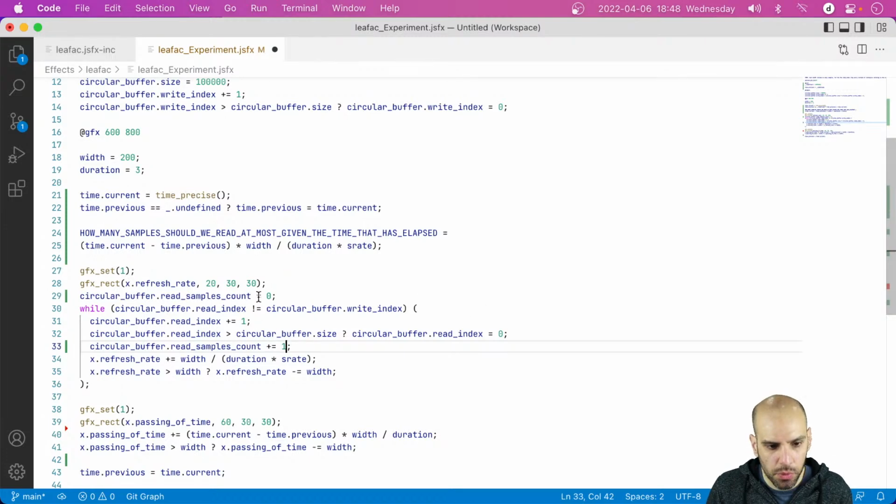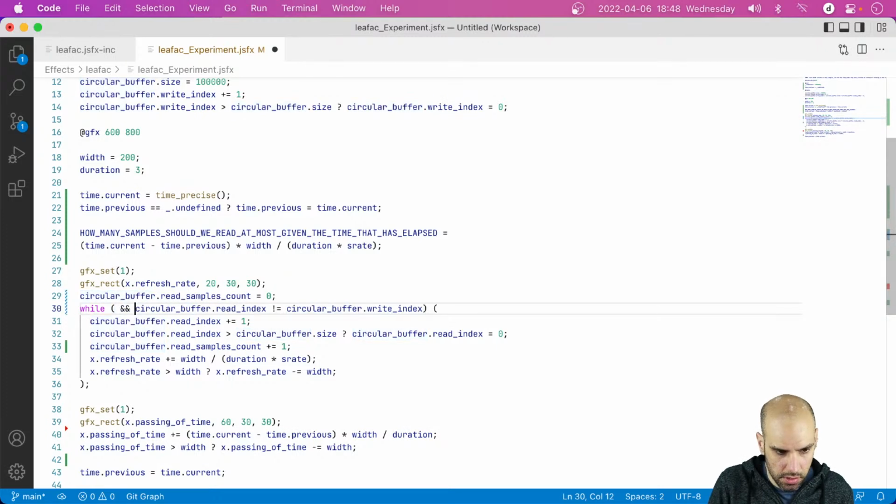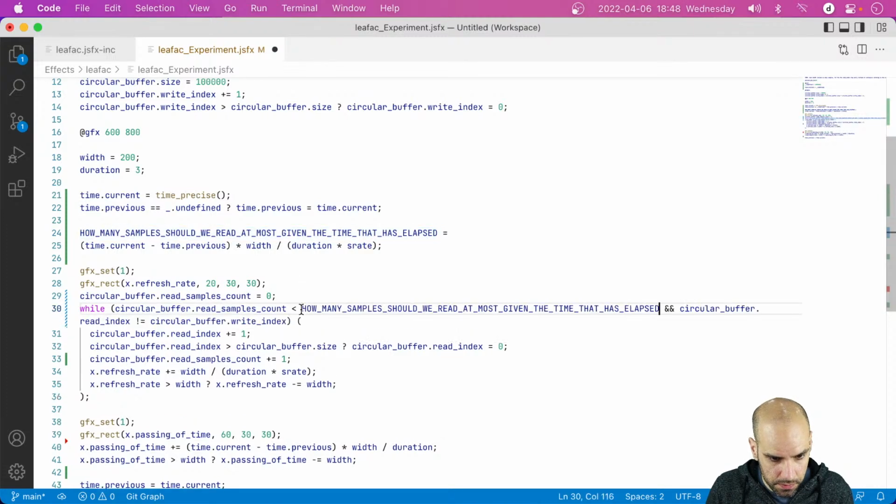So anytime we read a sample, we increment this counter, and we check that this counter is less than this number. Yeah, I think that this makes sense. So it means that we are going to keep reading samples until we reach the right index.